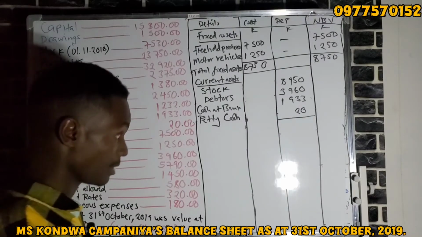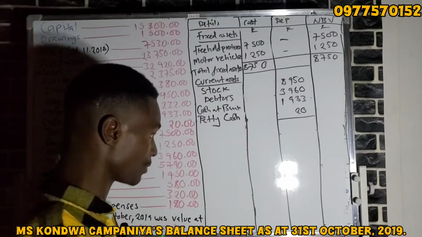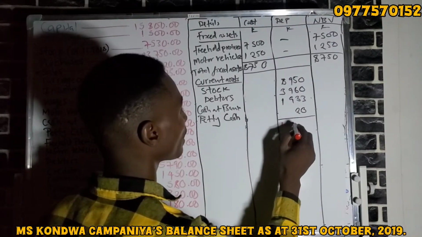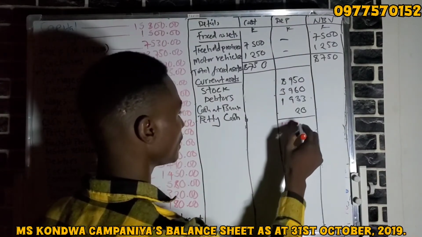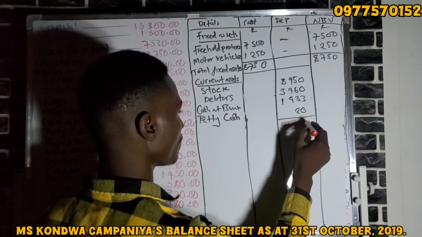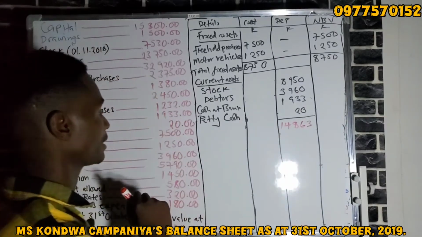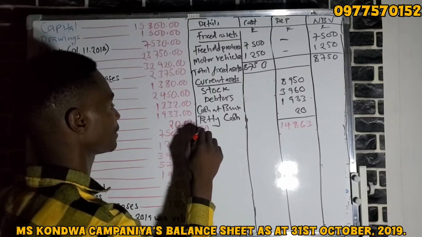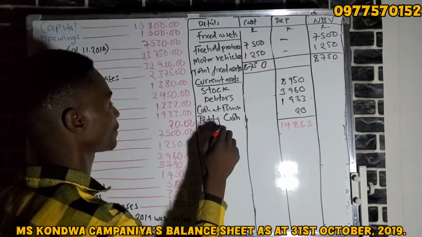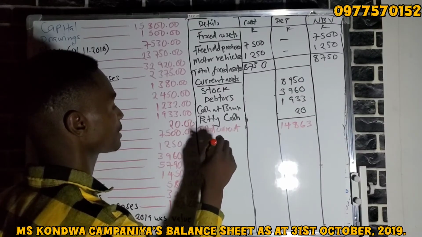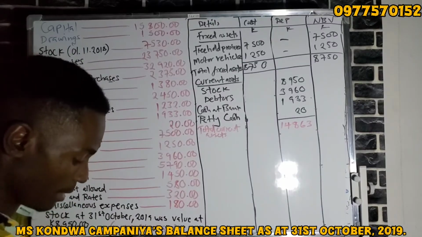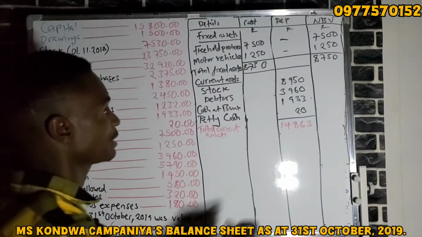This is giving me 14,863. This is called total current assets. You just write it below this.